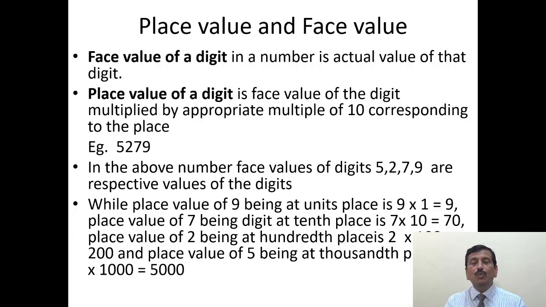Similarly, the place value of 2 being at the 100th place is 2 into 100, 200. And the place value of 5 being at the 1000th place is 5 into 1000, that is 5000. Now we are going to use the concept of face value and place value in different numericals.